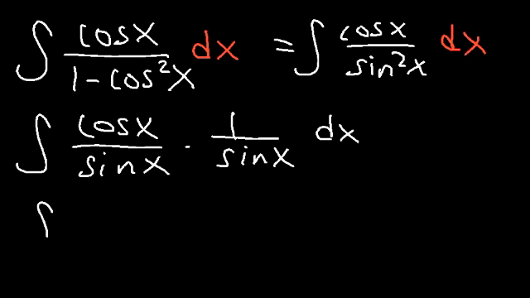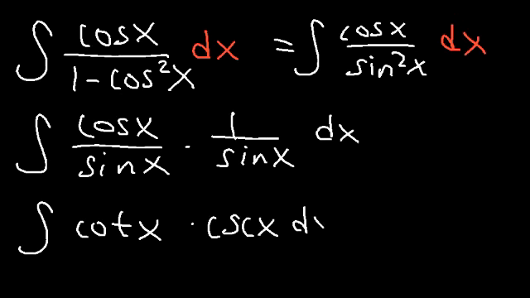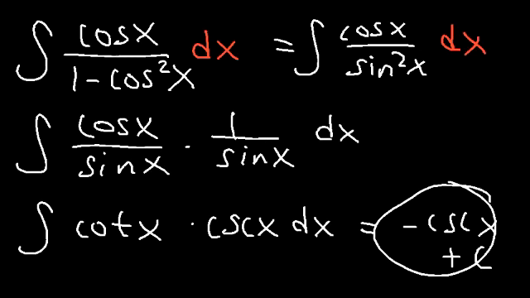Now cosine over sine is cotangent x. 1 over sine is cosecant x. The antiderivative of cosecant cotangent is negative cosecant x. And so this is the answer. So make sure you know the common trigonometric identities, because you may find them to be useful.